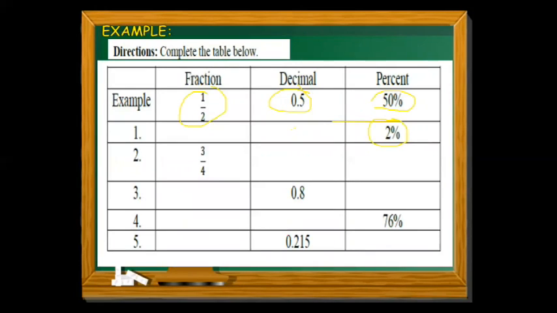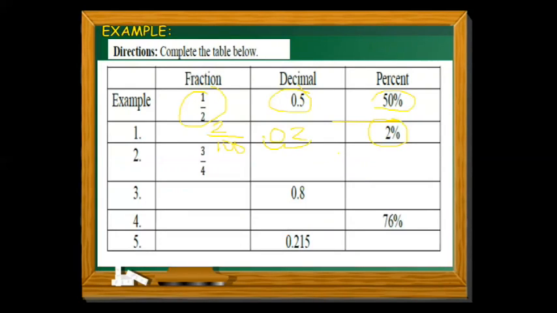So write natin yung 2, ayan, and we will just move 2 numbers from here, 1 and then 2 decimal point. So the answer is 0.02. And then going to the fraction, always remember that a decimal point, a percent sign, lagi siyang denominator niya is 100. So copy the whole number over 100. Ayan, di ba?